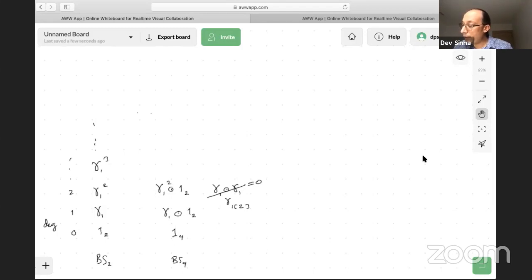In degree 3, I have gamma 1 cubed, transfer 1_2. I can also take gamma 1 squared, transfer gamma 1. This is non-zero. Those are distinct classes that I'm transferring together, and so forth. It'll grow as you would expect, these particular classes.